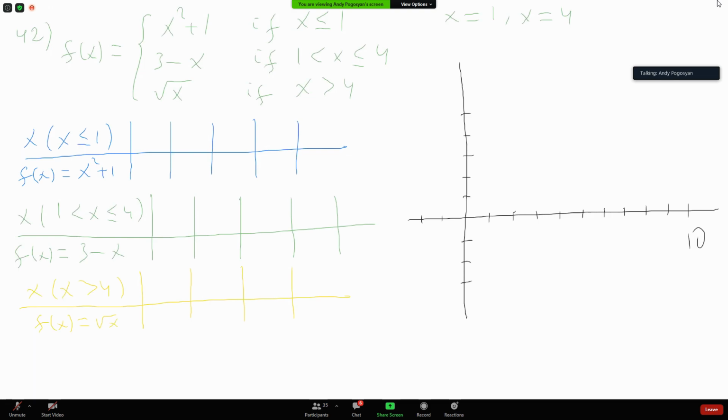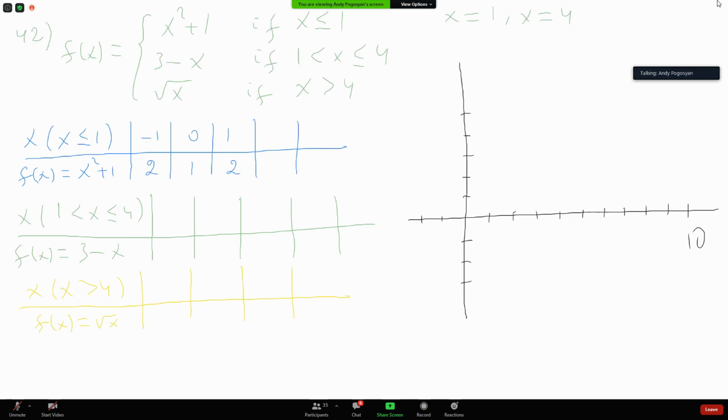Now, for x less than or equal 1, we can choose negative 1, 0, and 1. All of them are included. Negative 1 squared is 1 plus 1 is 2. At 0, we get the vertex, which is 1. At 1, we get 2.